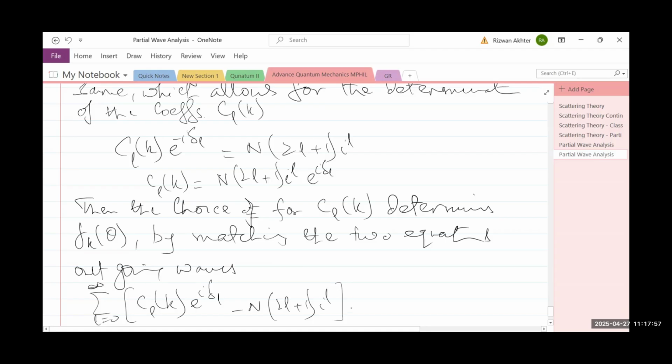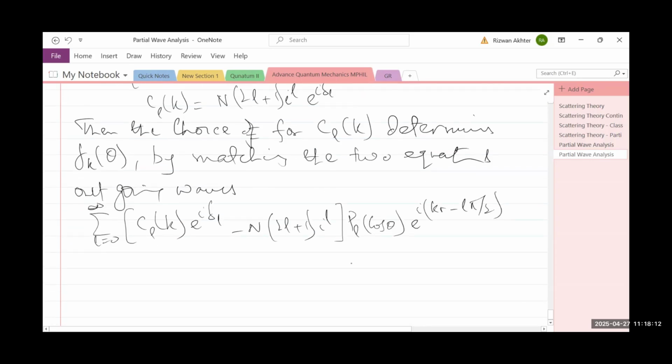And this is equal to n f_k(θ) e^{ikr}/r.